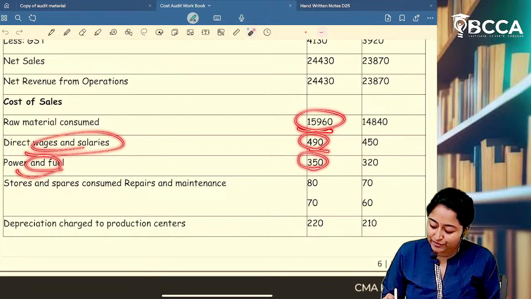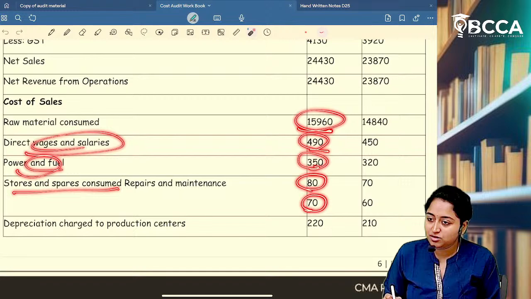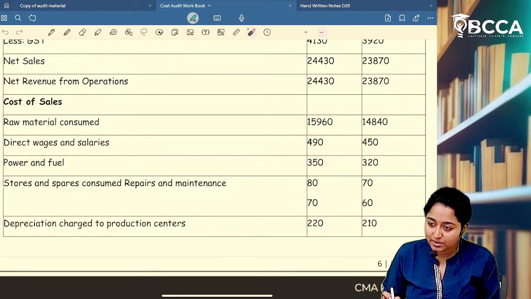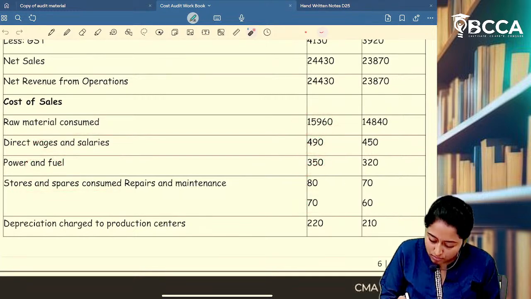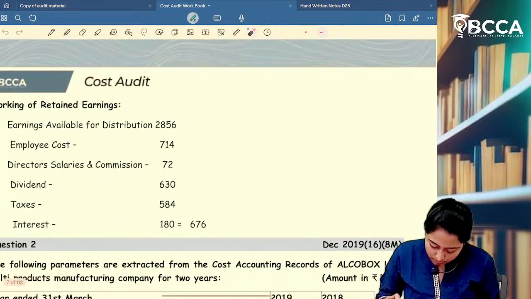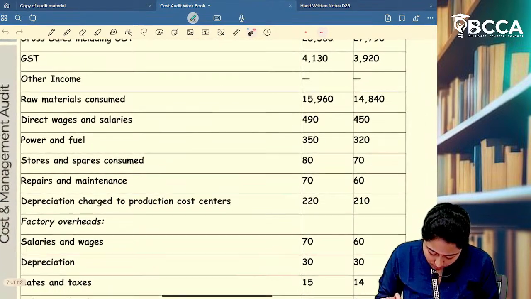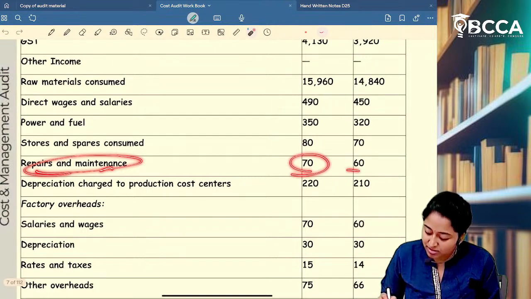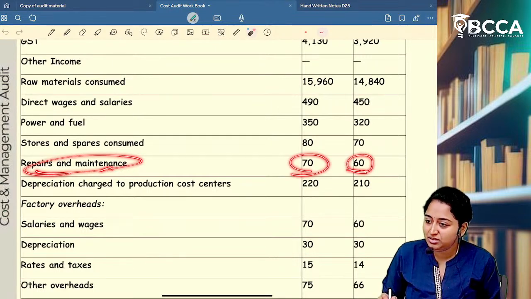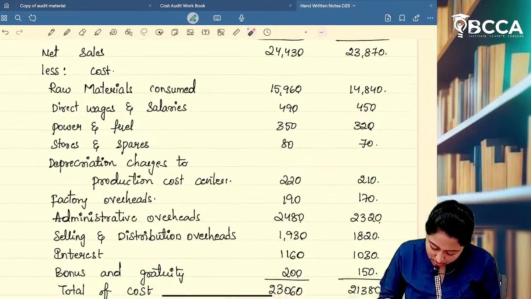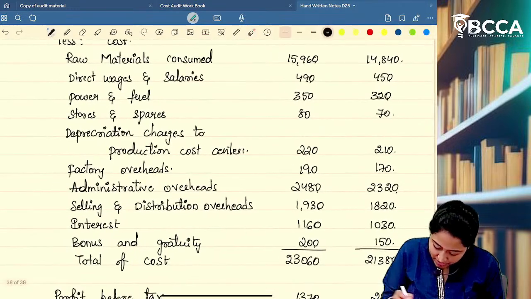Power and fuel 350. Stores and spares 80 and 70. Repairs and maintenance also. Did we write repairs and maintenance? No? Repairs and maintenance is also there, 70 and 60. Okay, include repairs and maintenance.